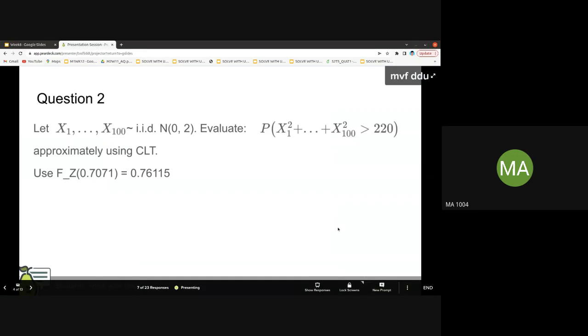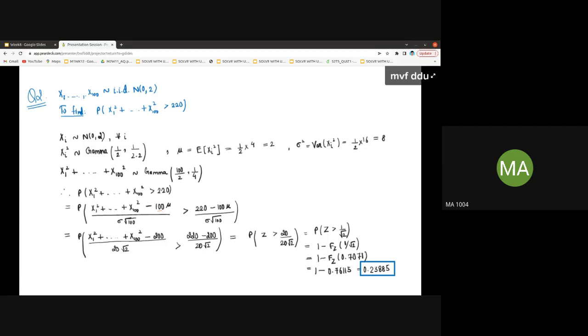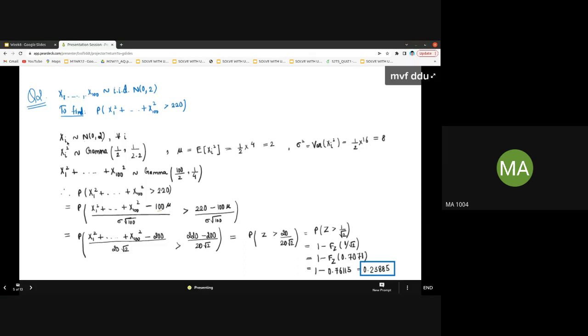Okay, 1 minus of this, I suppose. So the same thing: the xi's follow normal 0, 2. If xi's follow normal 0, 2, then xi squares will follow gamma half comma 1 by 2 sigma square. Sigma square is 2 here, so it will be gamma half comma 1 by 4.